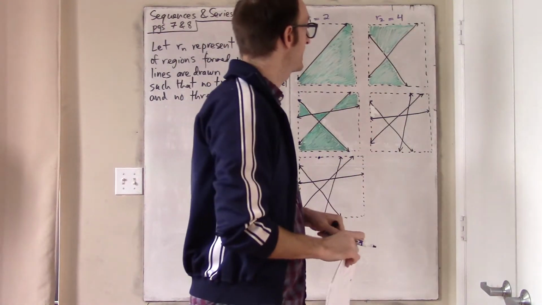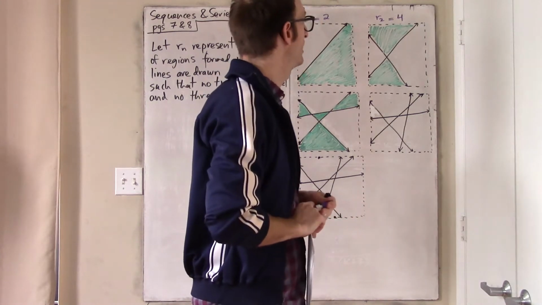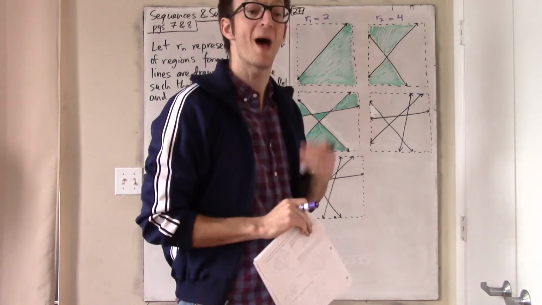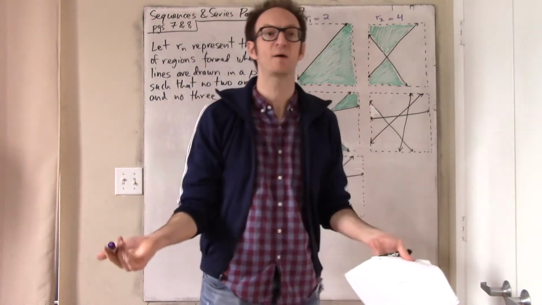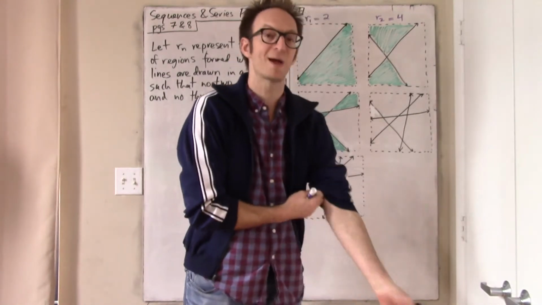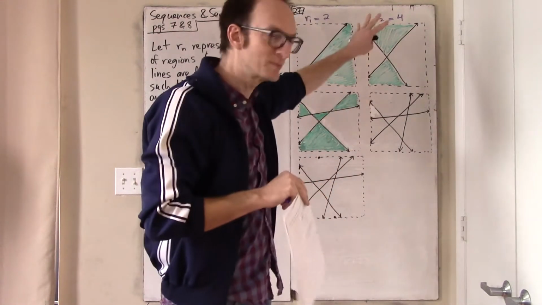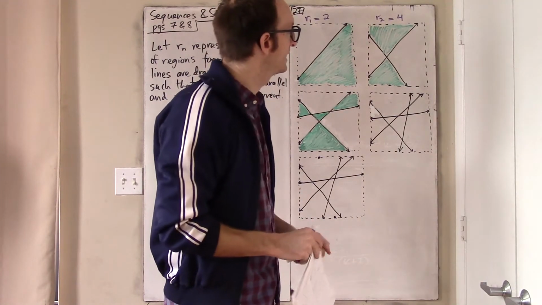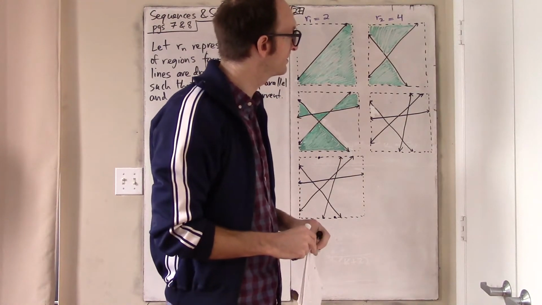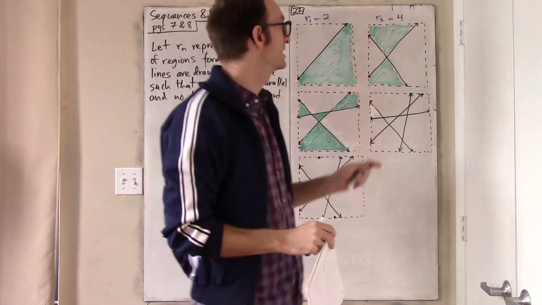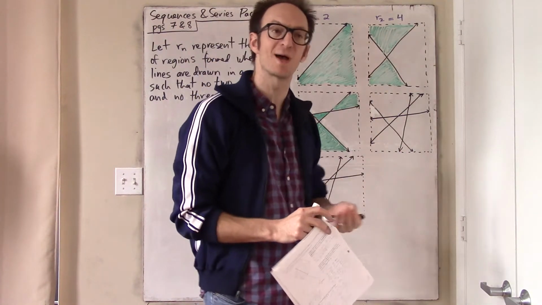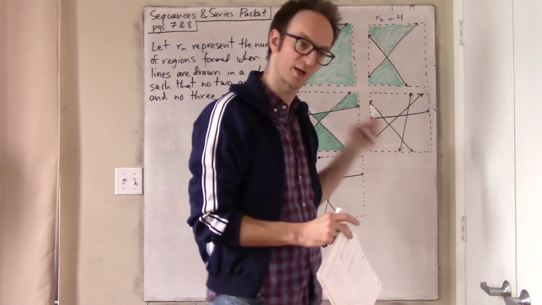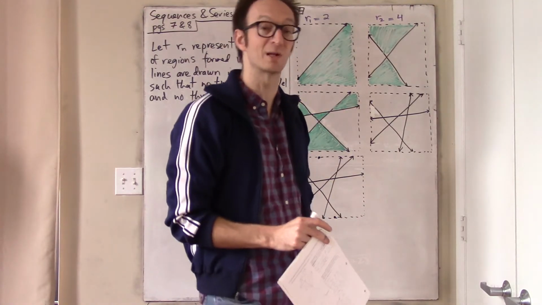I'll just say one comment, which is, of course, if the 2 lines are not parallel, then they must intersect. But they might not intersect like in my little zoomed in picture here. So what makes this problem hard is drawing your picture sufficiently general, because you don't want to draw the lines in such a way that they intersect off your paper. Because if they intersect off your paper, then you're not going to be able to look at the picture.